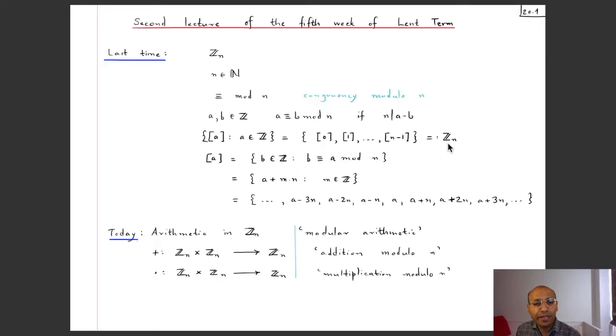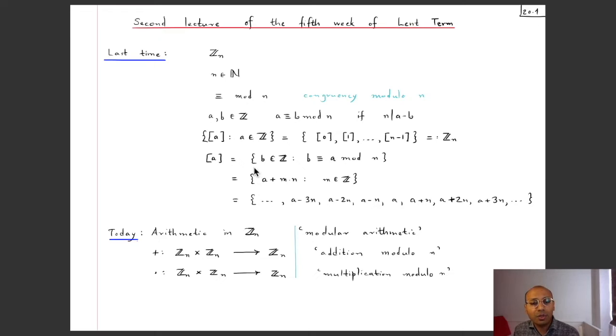So that's what Zn is, and we also looked at what the equivalence class of any element looks like. So by definition, the equivalence class containing a is the set of all integers b which are related to a under this equivalence relation. So it's the set of all integers b such that b is congruent to a mod n.